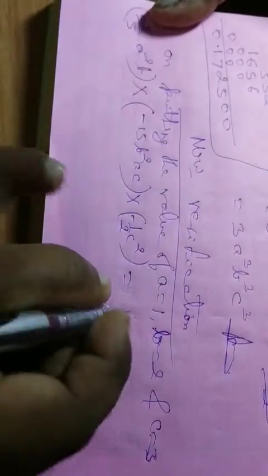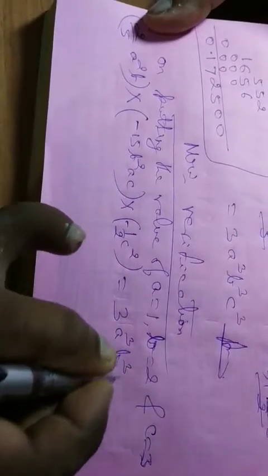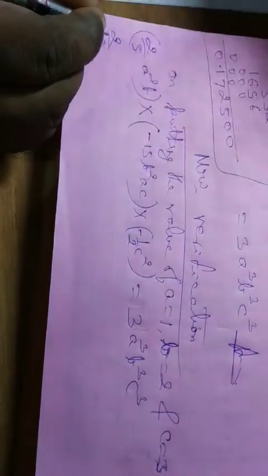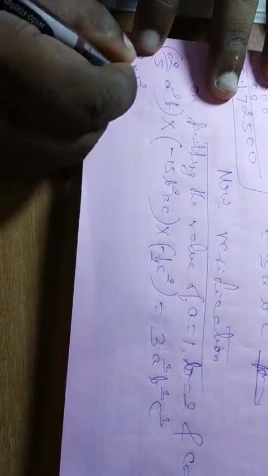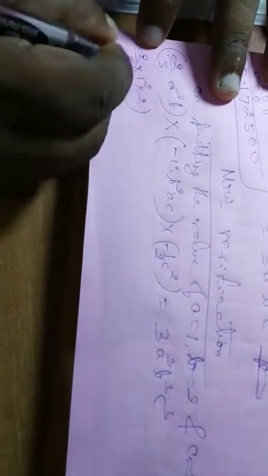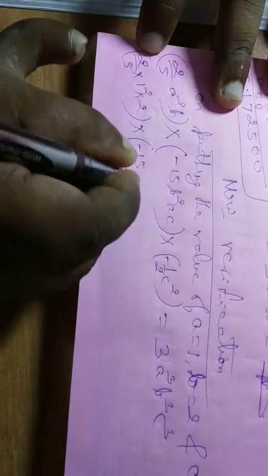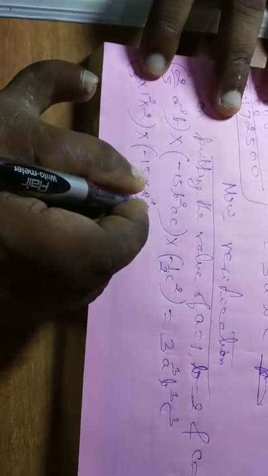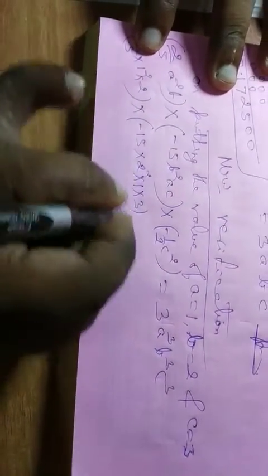This is the LHS part, and the RHS part is 3 a cube b cube c cube. 2 by 5, the value of a is 1, 1 square; the value of b is 2. Minus 15, the value of b is 2 to the power 2, a is 1 and c is 3.